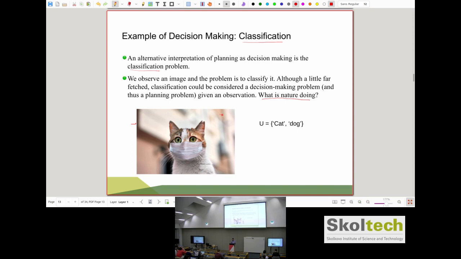You try to make adversarial changes to the image such that you then get incorrect labels on the output. So nature definitely is there, and the problem to some extent could be seen as decision making. This is one of the most basic problems in machine learning as well, so I'm not saying that this is a planning problem, but we can think about this as such.